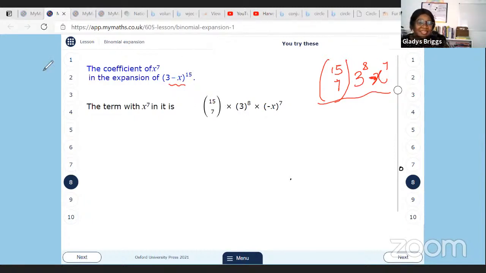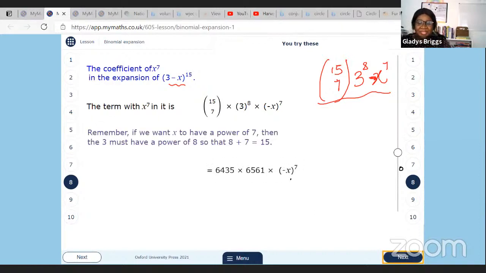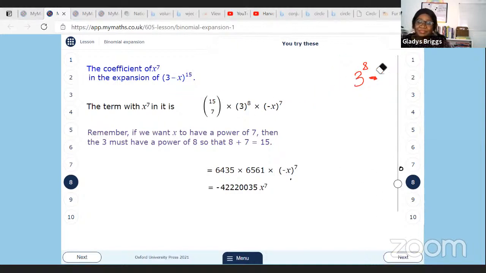Okay, guys. So that's how you do it. And you should get negative 4,220,035 x to the power of 7. Okay. So that's going to be your homework for me. Guys, I'm going to give you one to do for me now on Moodle for the day.